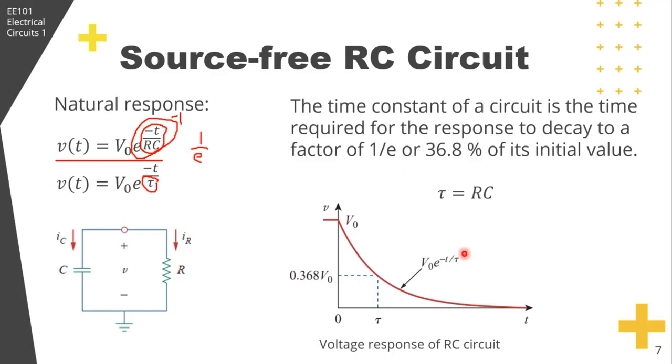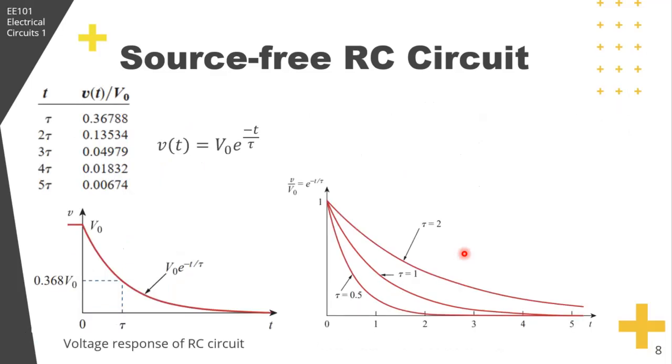Then next, let us look at this table. Notice that for every time interval of tau: 1 tau, 2 tau, 3 tau, 5 tau. If you use your calculator, you will notice that this one is 36.8% of this one, and this one is also 36.8% of this one.